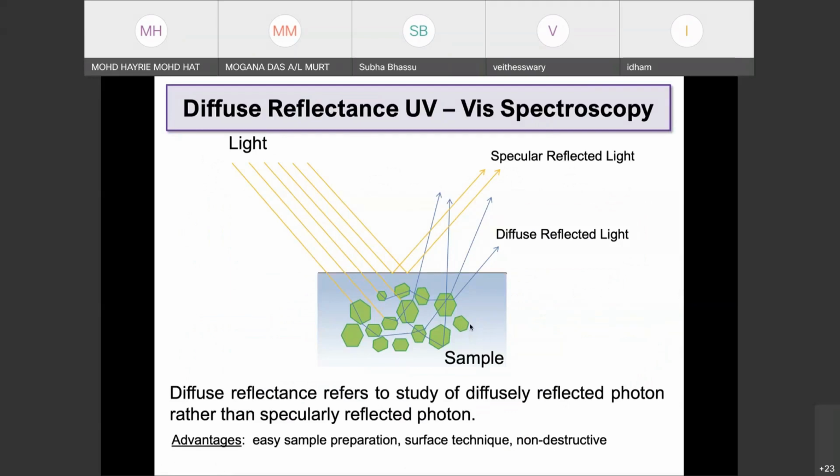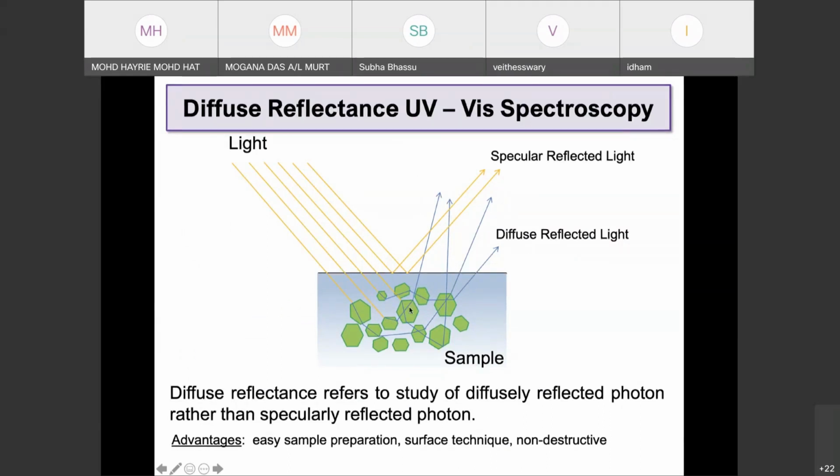Okay, so what is DRUV spectroscopy? It is basically the study of diffusely reflected photons, as opposed to specularly reflected photons, because the light is reflected internally. It is based on the principle that the light reflected from the material does not only come from the surface, but some is reflected internally.